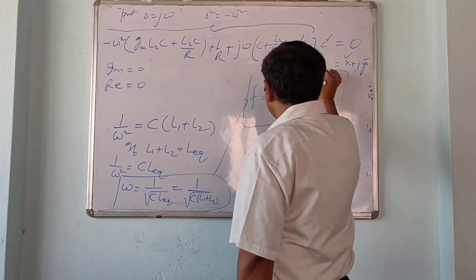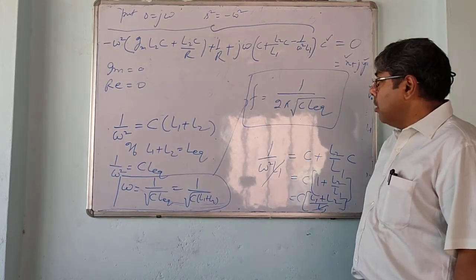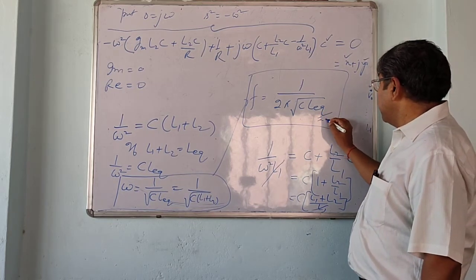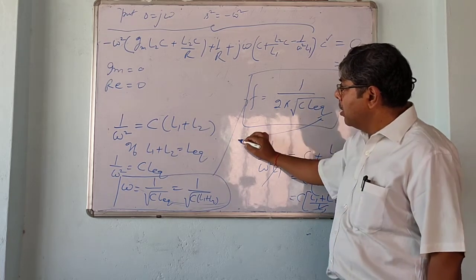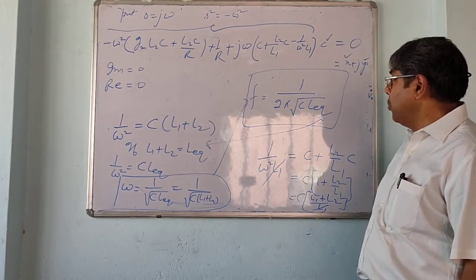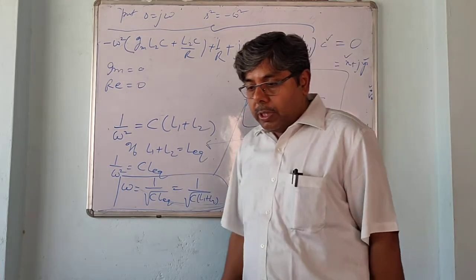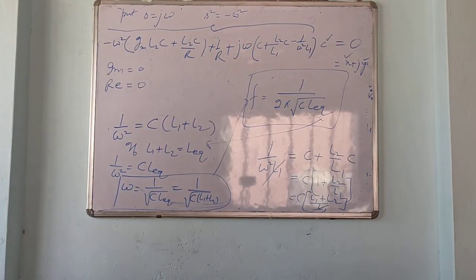So this is the expression for the frequency of oscillation for the Hartley oscillator, where L equivalent is simply the series combination of the two inductors L1 and L2. So this is the procedure to derive the frequency of oscillation for the Hartley oscillator.